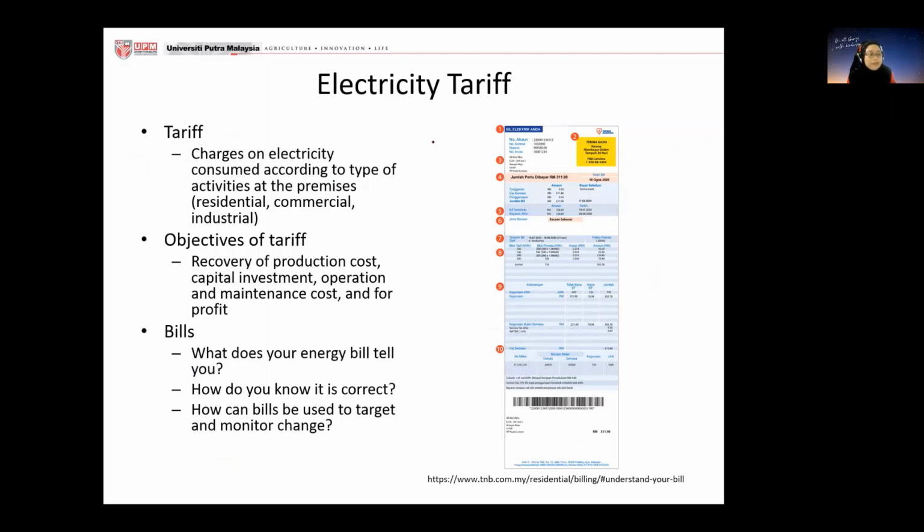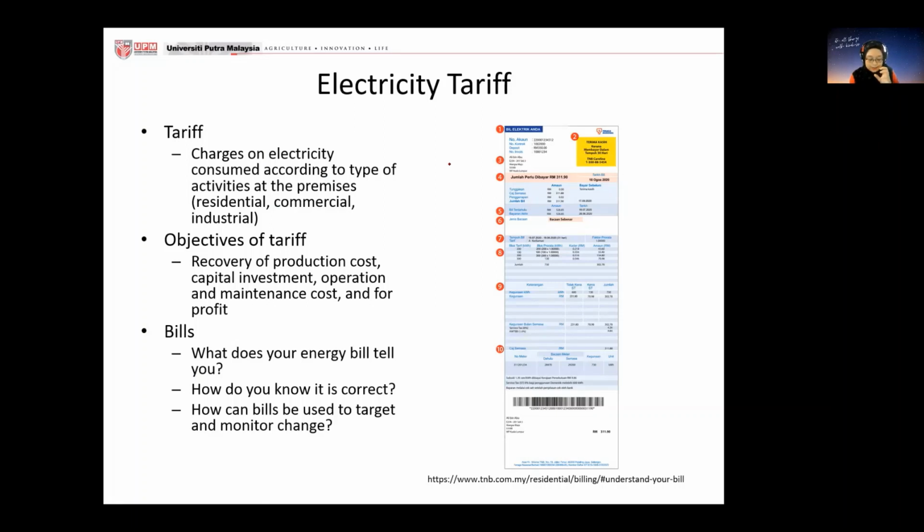But looking back to our own usage, we have to look at our electricity tariff. If you look at your electricity bill, you are charged according to how much electricity is consumed, and that depends on the type of activities at the premises.